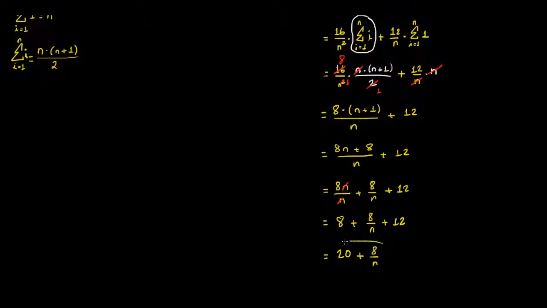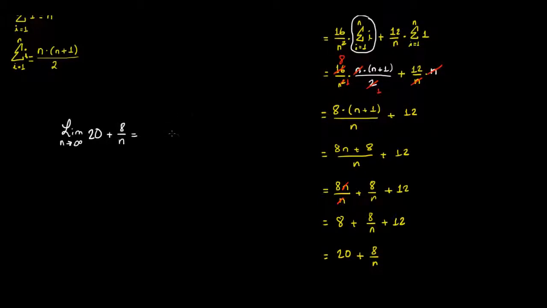Now this is where we are going to apply the limit. Remember, a Riemann integral is essentially a limit problem. So we look at the limit when n, which is the number of rectangles, approaches infinity, for this statement we got here: 20 plus 8 over n.